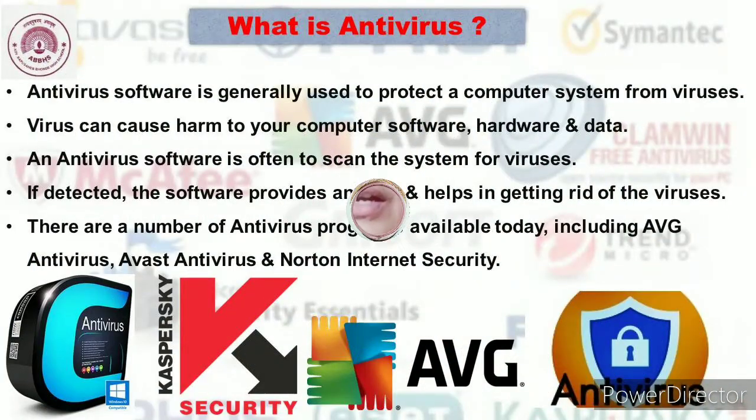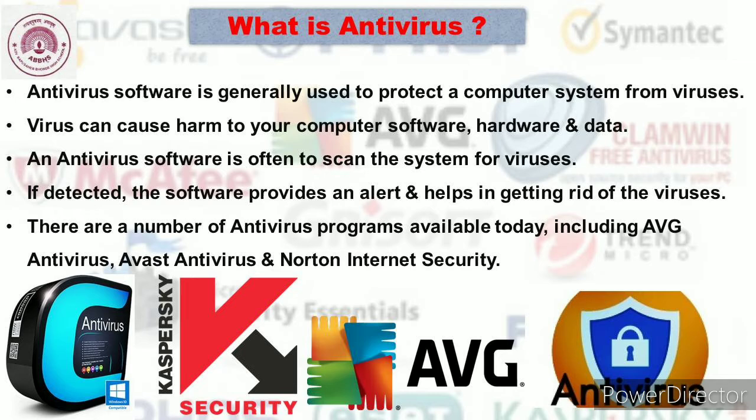Now, what is an antivirus program? It is also a software like the virus software. Antivirus is a software which is generally used to protect a computer system from viruses. Virus can cause harm to your computer software, hardware, and data, which is of utmost importance to us.